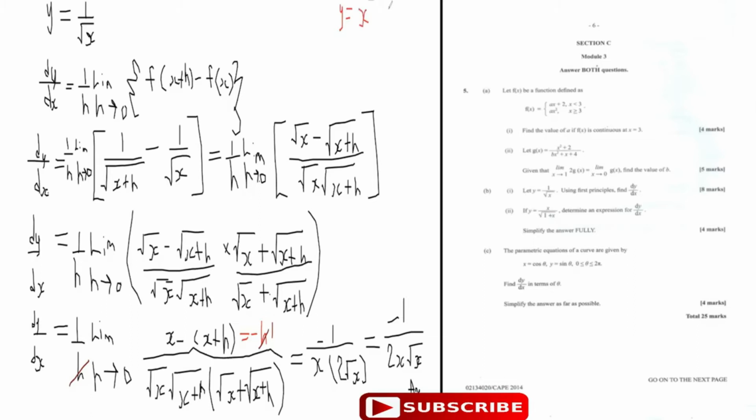Differentiating, you carry down the power, which is minus a half, and subtract 1 from the power, giving x to the minus 3 over 2. So dy by dx is minus 1 over 2 times x cubed all square rooted.